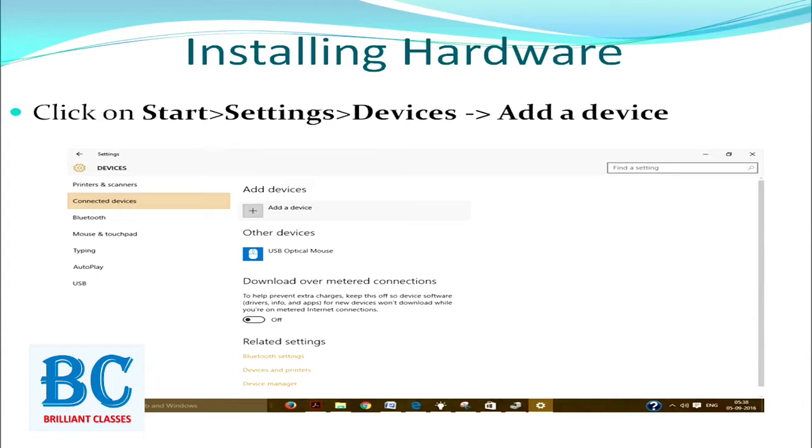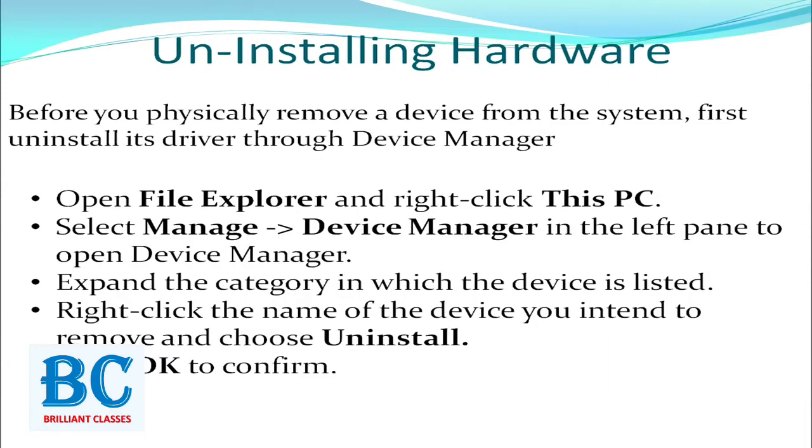Give the path of the driver, whether it is in a CD or it has to be downloaded from the net. Whatever is your source of the driver, give that particular driver. It will start installing, and once it is installed, it will give you the message that installation is complete or installation done successfully. So, you have installed a driver.